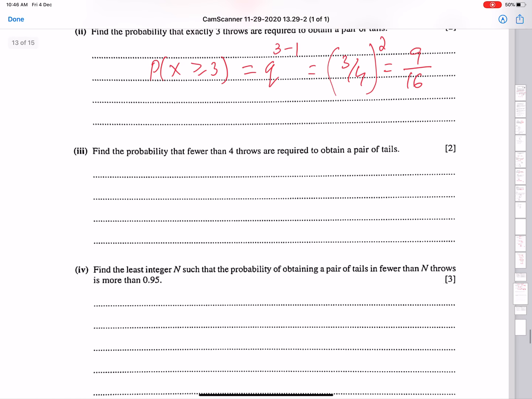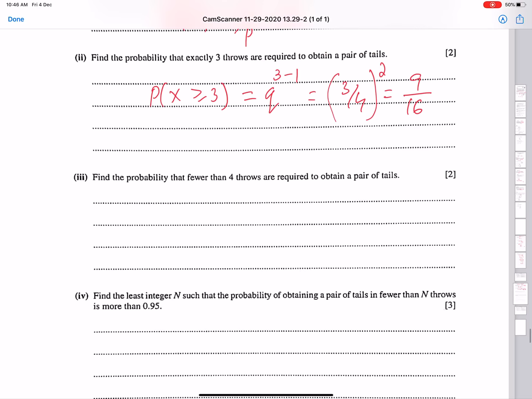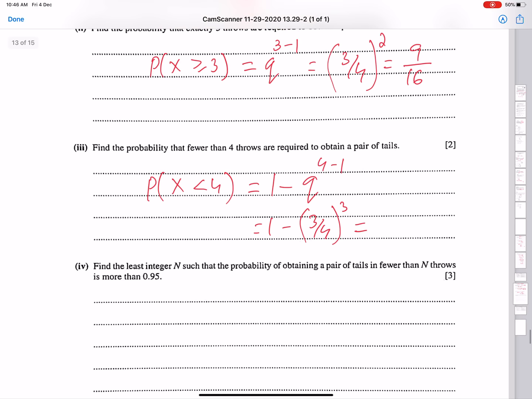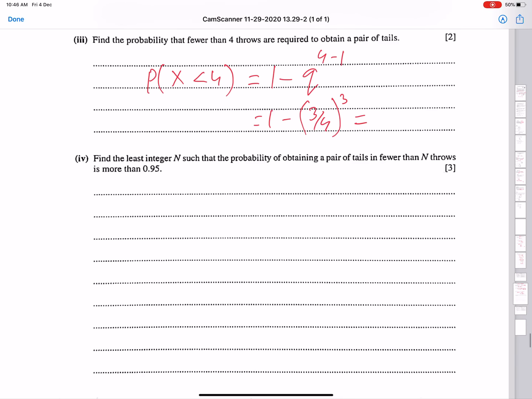Next part, find the probability that fewer than 4 throws, less than 4. So this is very simple. We know the property. The property is 1 minus q to the power 4 minus 1. So 1 minus q is 3 upon 4 to the power 3. I'm leaving the answer for you. You can complete the question.